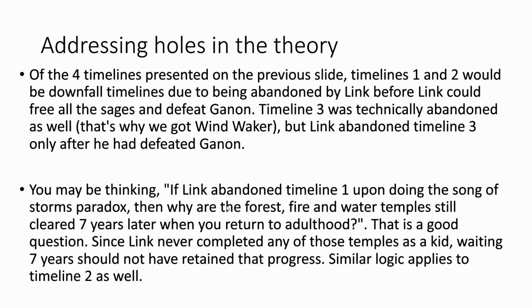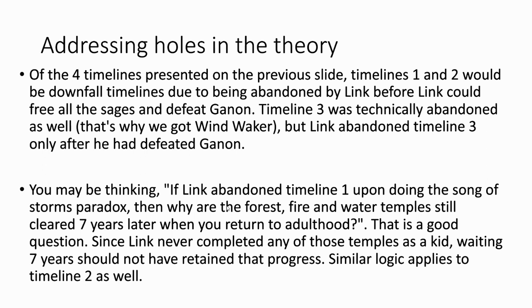When you abandon timeline 2 upon finding that hole that is too small, then theoretically all your progress, all the sages that you awakened and the temples that you cleared should not have been cleared.